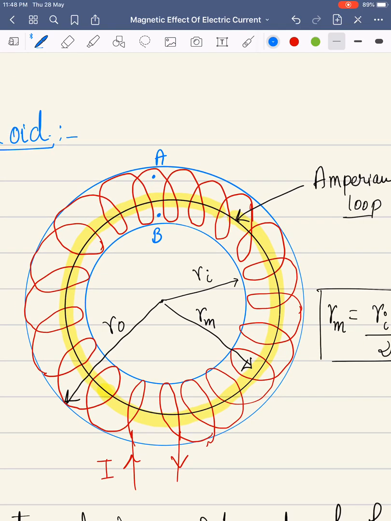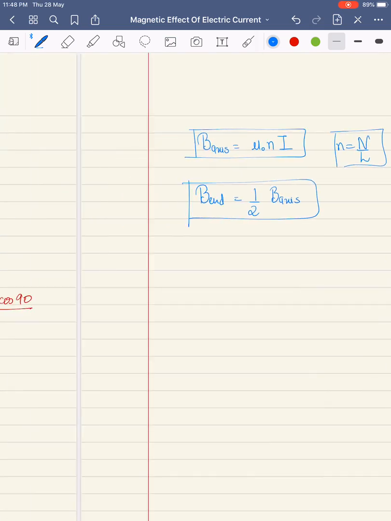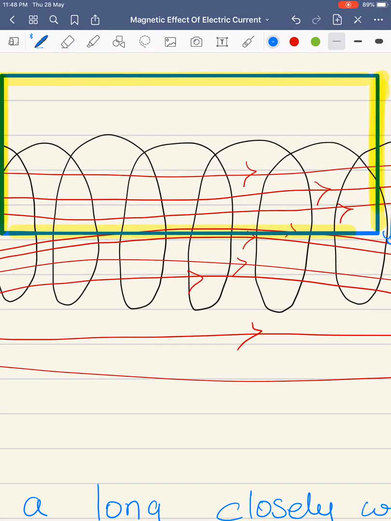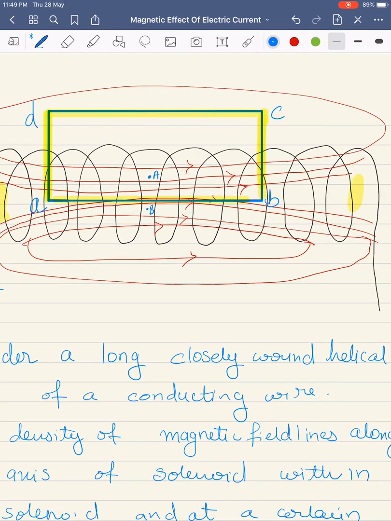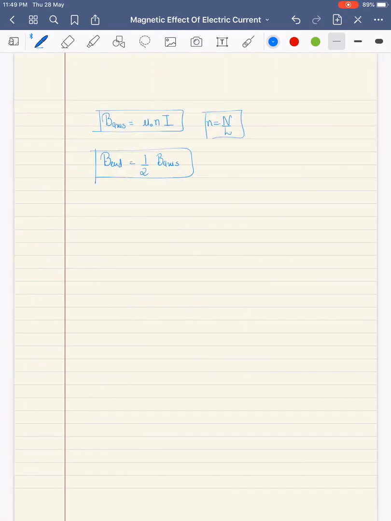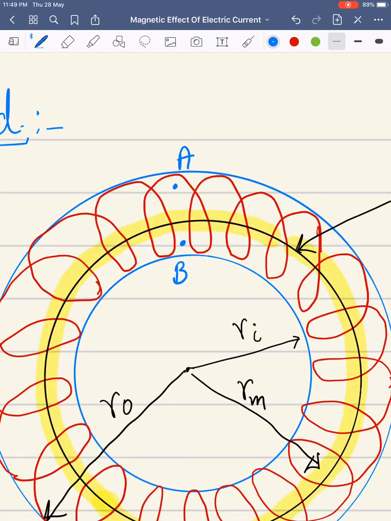Whereas for the solenoid, if I consider a point A and a point B, both points A and B are slightly laterally displaced, but they are well within the solenoid. So the strength of the magnetic field at A and at B will remain the same for a solenoid. But in a toroid, the magnetic field at A will be different and the magnetic field at B will be different. Why?